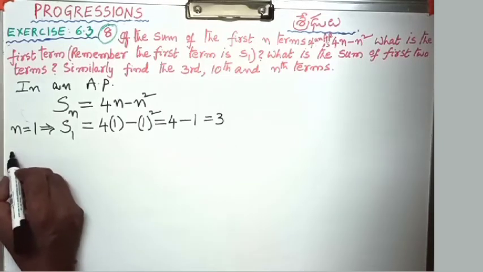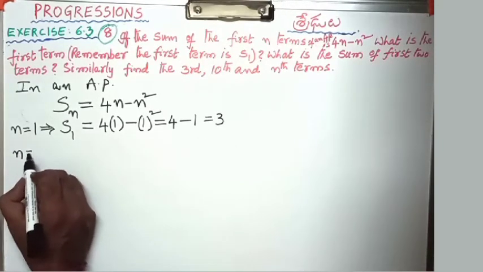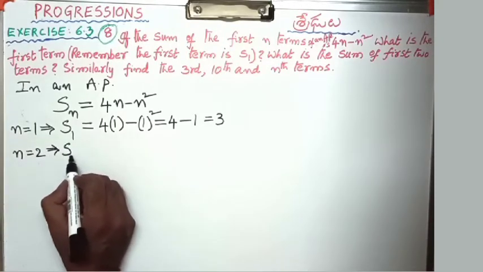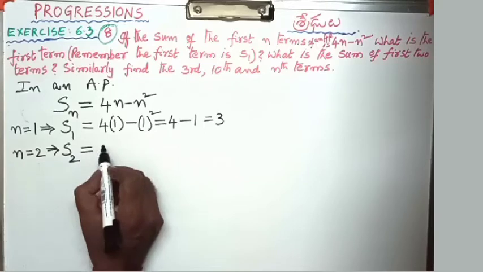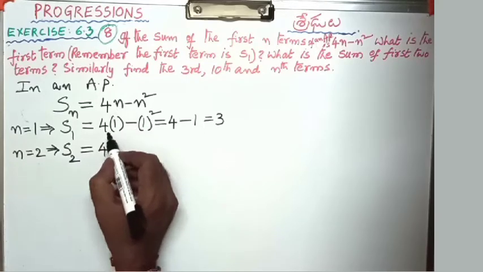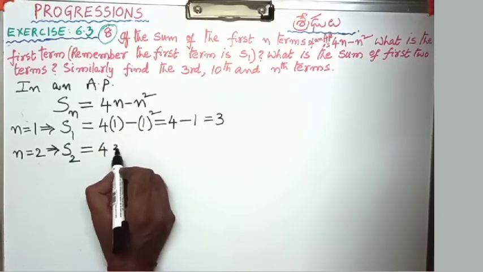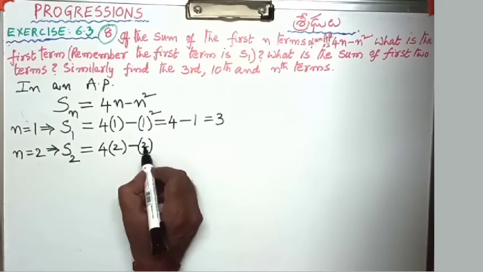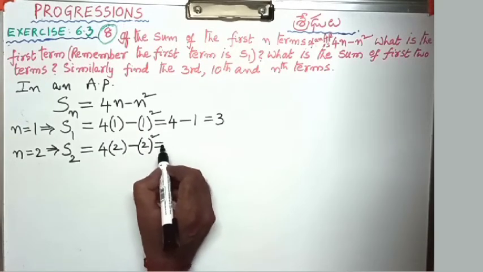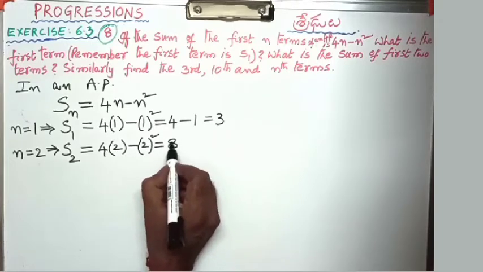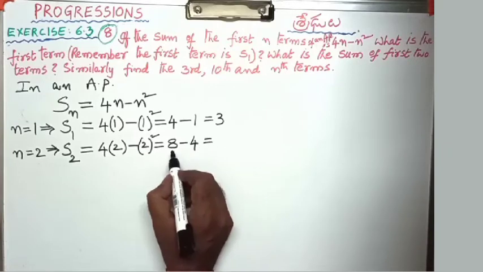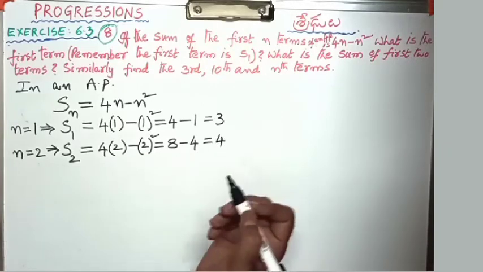In the same way, substitute n is equal to 2. So S2 is equal to 4 into 2 minus 2 square. 4 twos are 8, 2 square means 4, 8 minus 4 is 4.